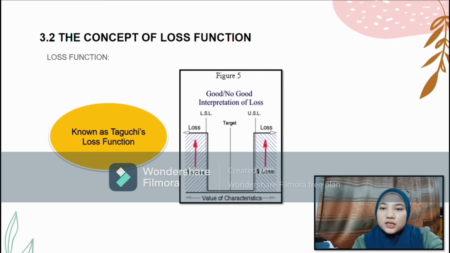The specification limit divides satisfaction from dissatisfaction. For example, if the lower limit is 10 and the upper limit is 20, then a measurement of 19.9 will lead to customer satisfaction, while a measurement of 20.1 will lead to customer dissatisfaction.